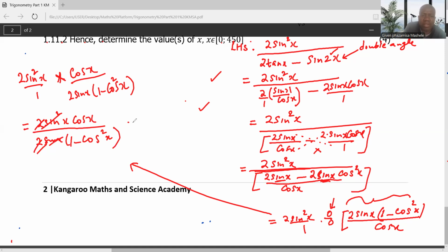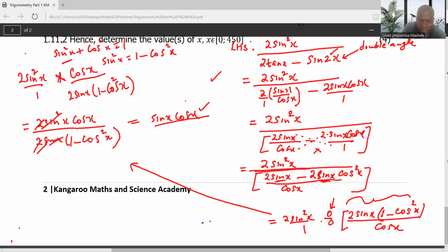We remain with sine x in the numerator together with cos x. In the denominator, we know sine squared x plus cos squared x equals 1, so sine squared x is 1 minus cos squared x.